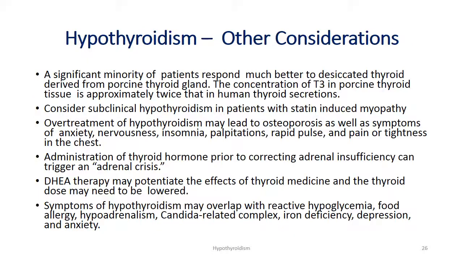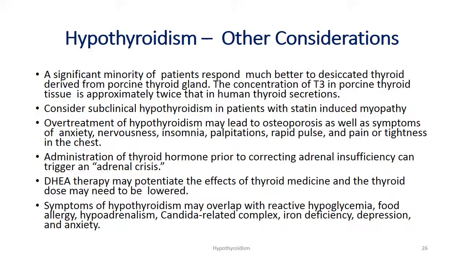When treating hypothyroidism, multiple considerations need to be made. For example, a significant minority of patients respond much better to desiccated thyroid than they do to synthetic T4, such as levothyroxine.